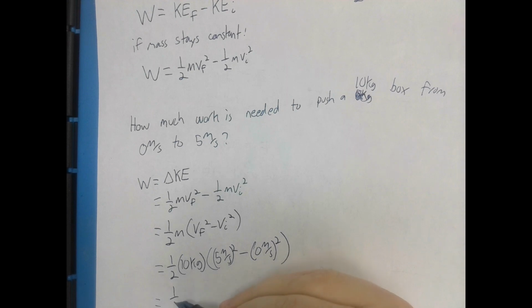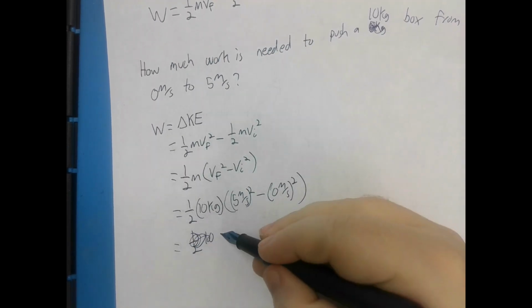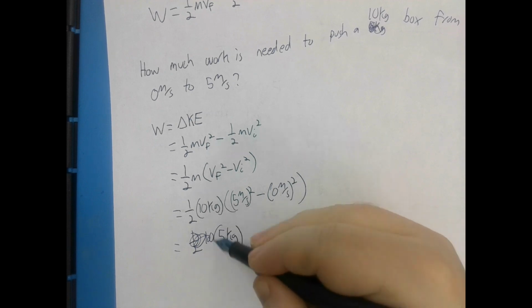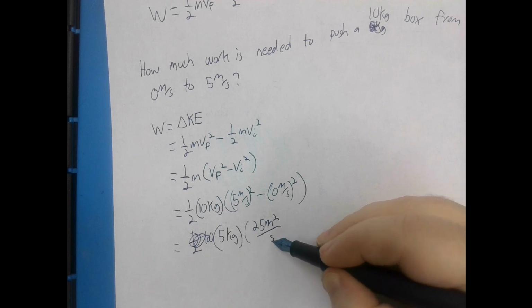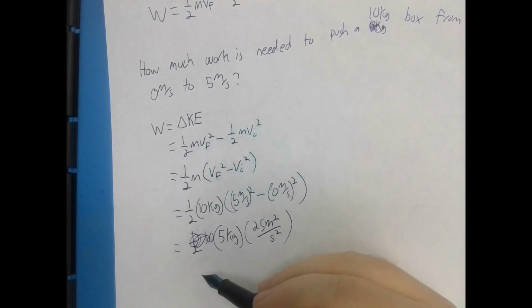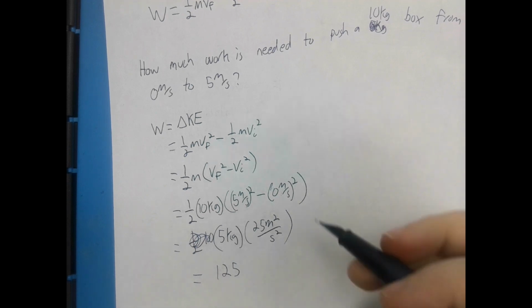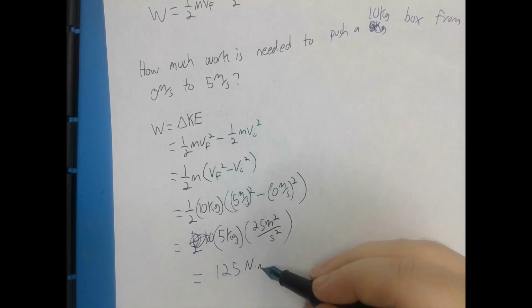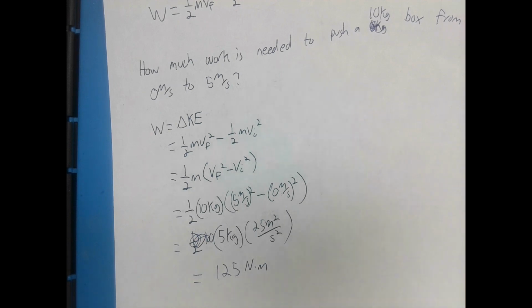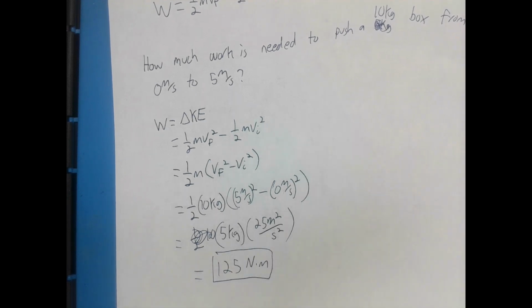So that's equal to 5 kilograms times 25 meters squared per second squared, which would equal 125 Newton meters, or joules.